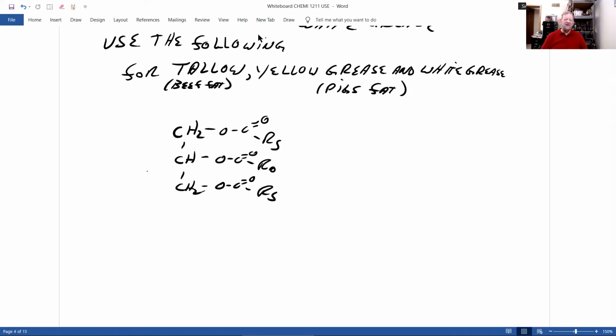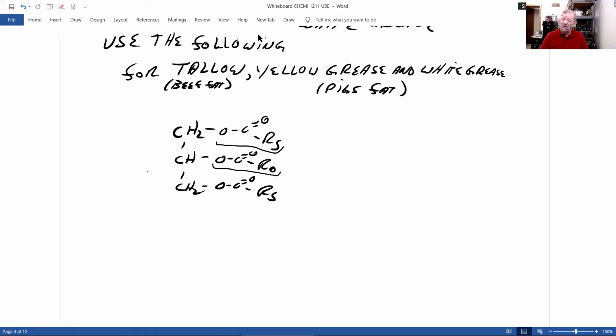Notice I have R sub S. When you hydrolyze this part here, it would give you stearic acid. R sub O, this part here, would give you oleic acid. Now, in real life, there's about a 50-50 mixture of saturated and unsaturated fatty acids coming from the acid hydrolysis of any of those tallow, yellow grease, white grease.